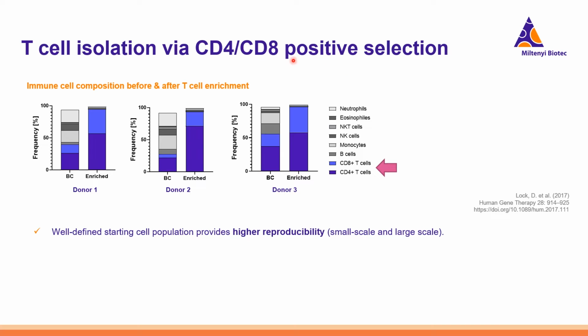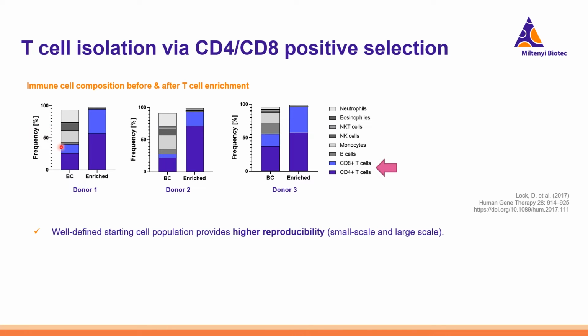We assess the immune cell composition using a predefined antibody panel before and after the T cell isolation with CD4, CD8 microbeads. And you can see the numbers of the three different donors. These graphs nicely show the heterogeneity in the cell composition in the starting material, here buffy coats, and this heterogeneity would be even more obvious if we would use patient material.